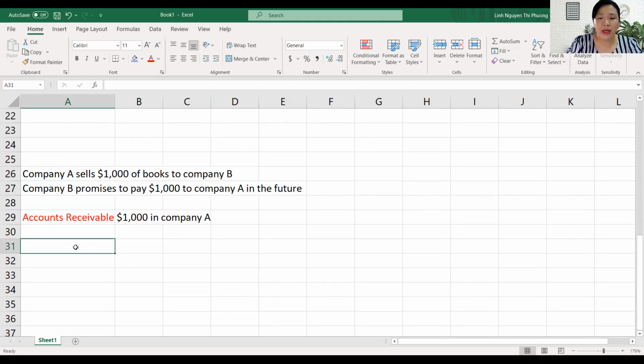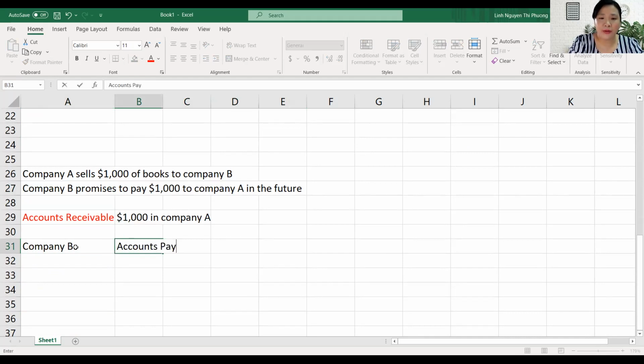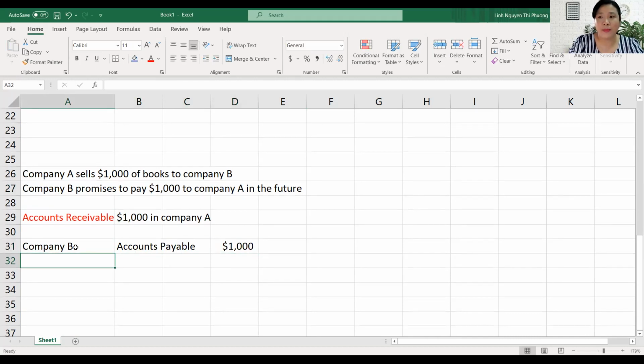So company B will have an account payable of $1,000. Okay, this is a debt to company A. And company A will have an account receivable of $1,000 from company B.